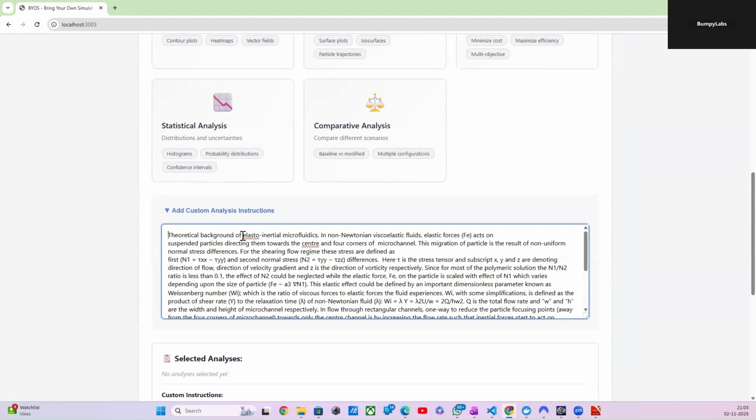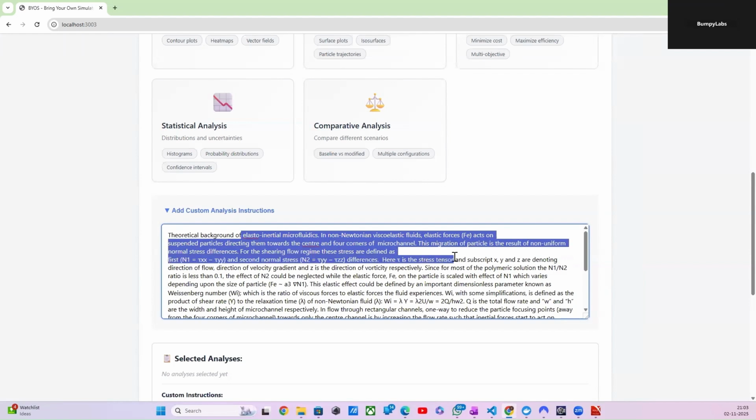We have given some theoretical background of elastoinertial microfluidics, which means that the elastic forces on suspended particles direct them towards the center and four corners of the microchannel. And the migration of the particles is the result of these non-uniform normal stress differences, right?